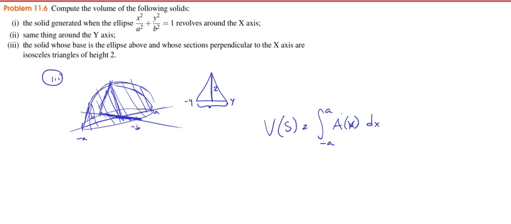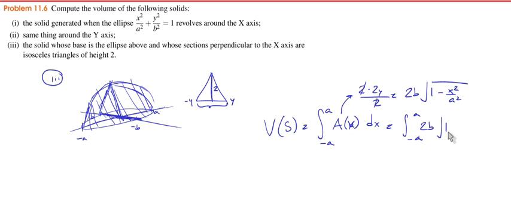So the area is 2 times 2y divided by 2, base times the height over 2. So this is just 2y, and y, remember, was b times the square root of 1 minus x squared over a squared. So this is the integral between minus a and a of 2b, the square root of 1 minus x squared over a squared.